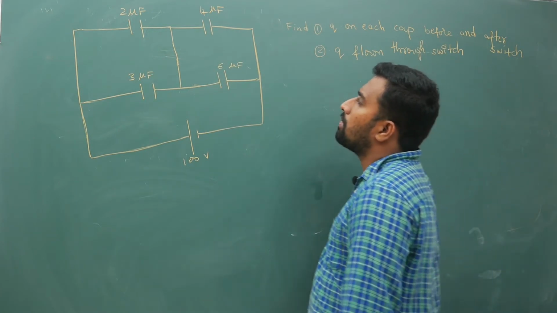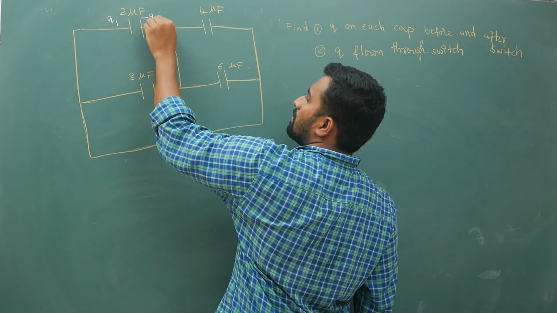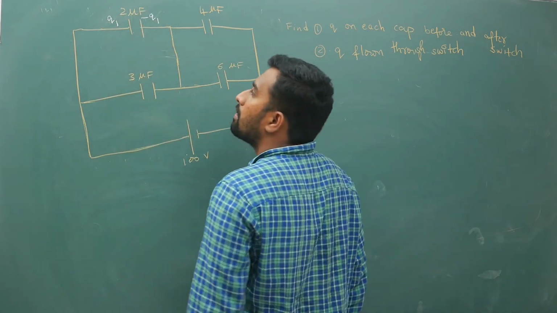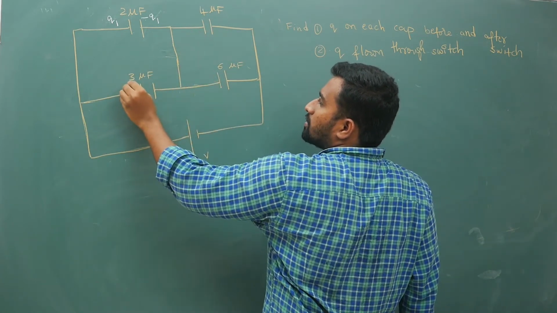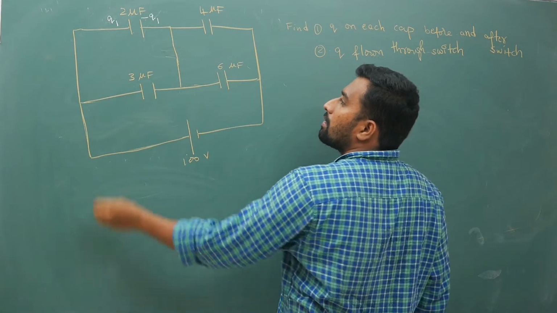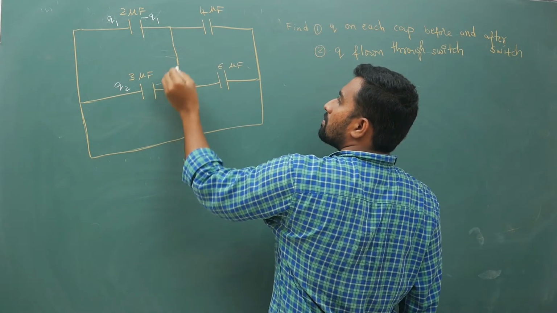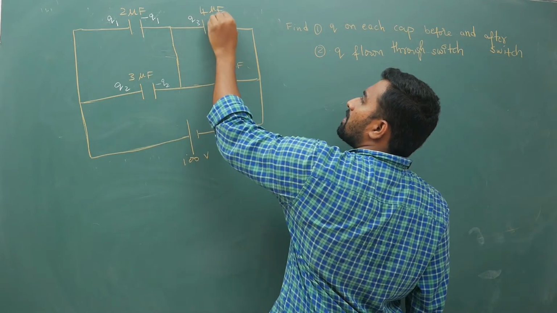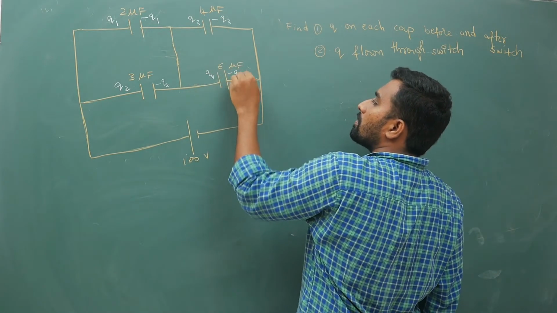On this, let us say it is plus Q1 minus Q1. Next, on this, if I assume Q2 and minus q2, q3 minus q3, q4 minus q4.